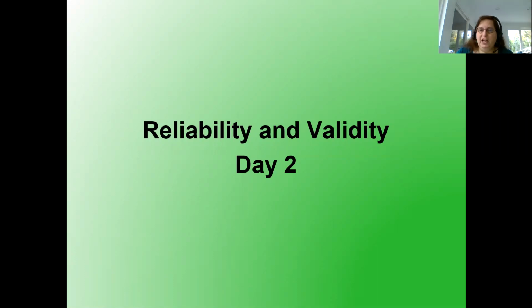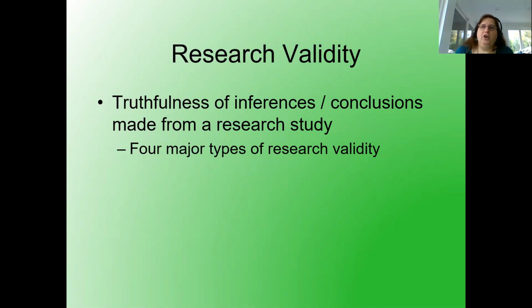So now for today, for the second day of this, we're actually going to focus all our attention on research validity. So a little bit of a change of pace. Research validity has to do with the truthfulness of inferences or conclusions that you make from a research study.